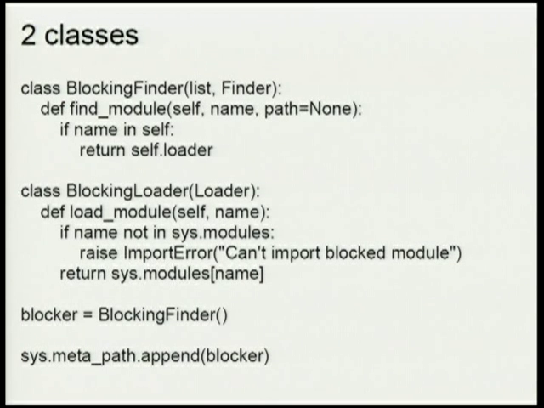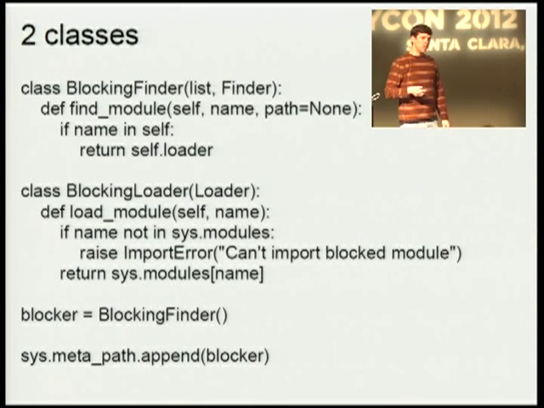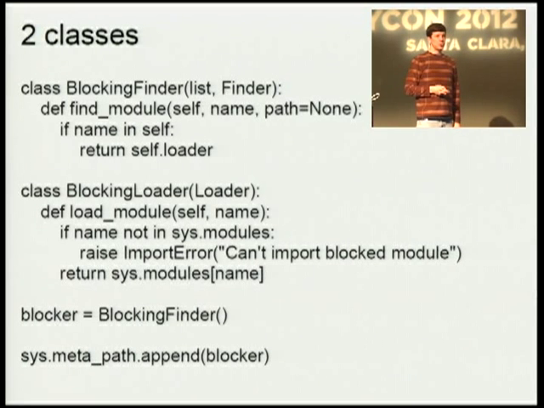Next, the example where we approach finders and loaders with 2 different classes. So we have a finder here that doesn't really do much. It's a subclass of a list, and so maybe we want to pop on there a few names that we care about, modules that should be blocked from importing.